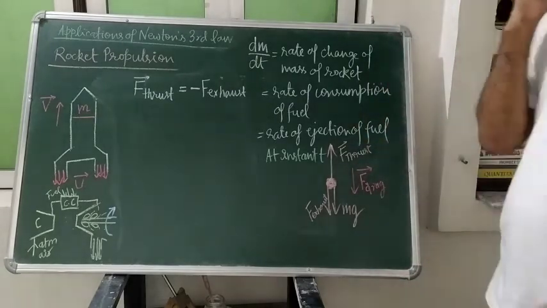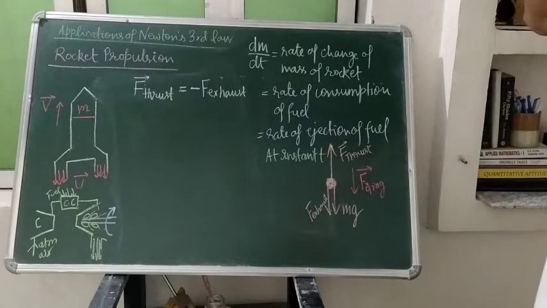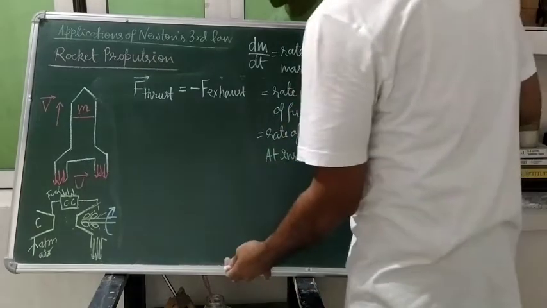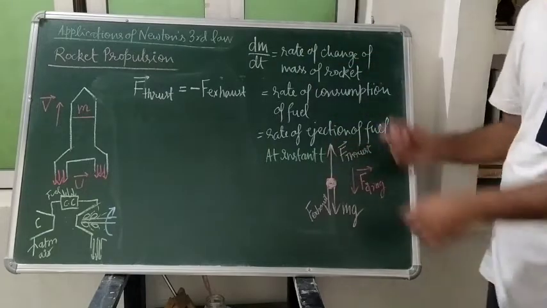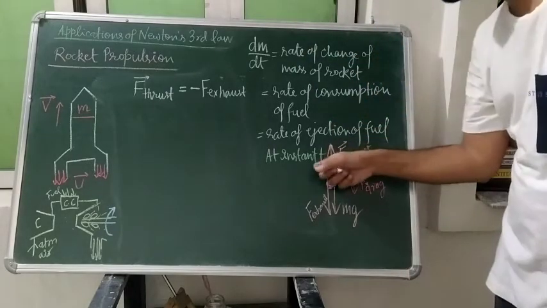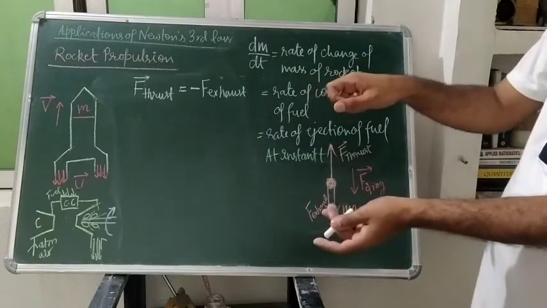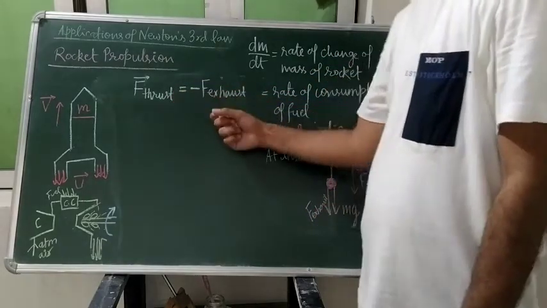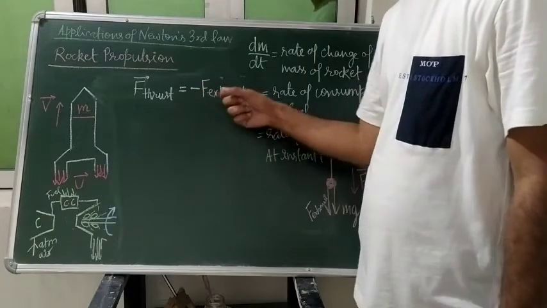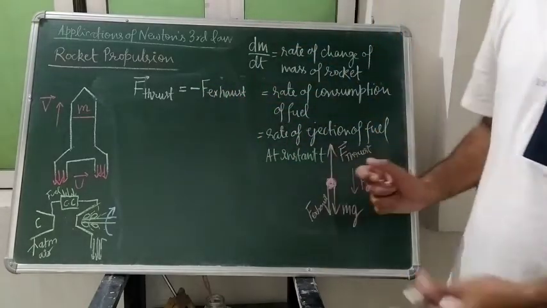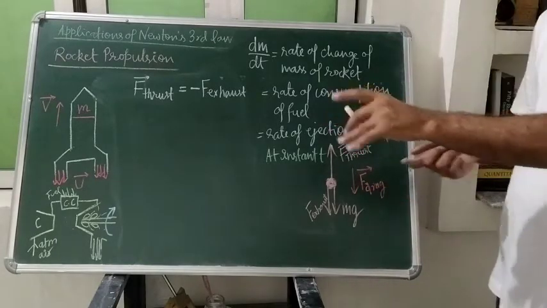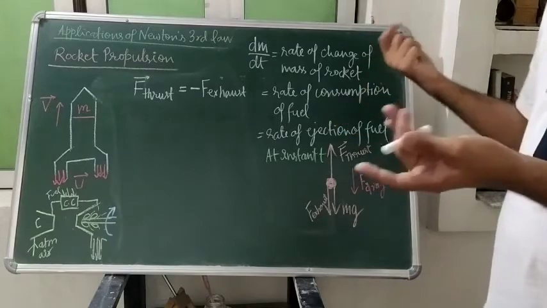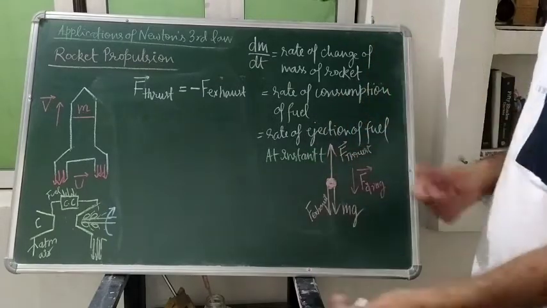Now you will notice that they will not be equal in magnitude. If they are equal in magnitude for a particular time t, we can say that at any instant when the rocket is still, F thrust should be equal to minus F exhaust, and they can be equal and opposite. Because we are looking at a particular instant of time t, there is no acceleration, we are assuming that for our study.